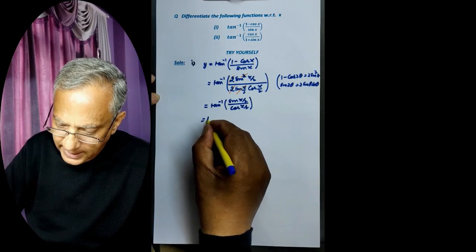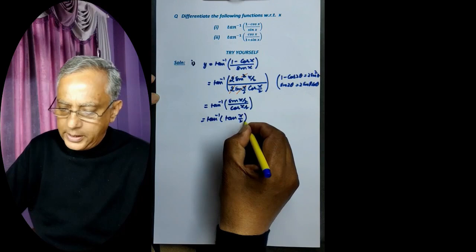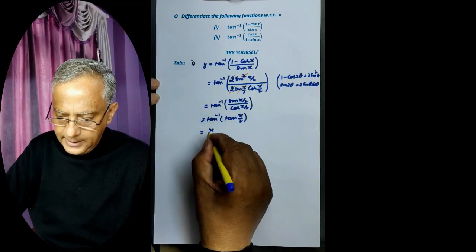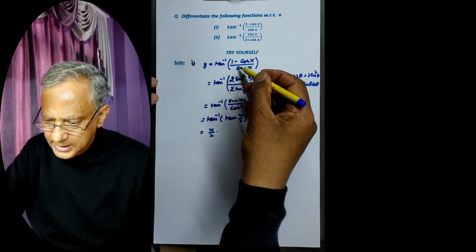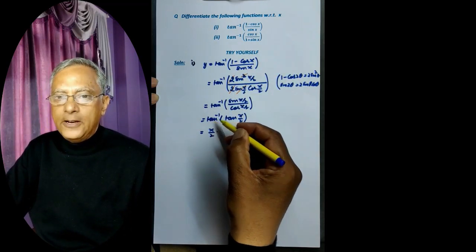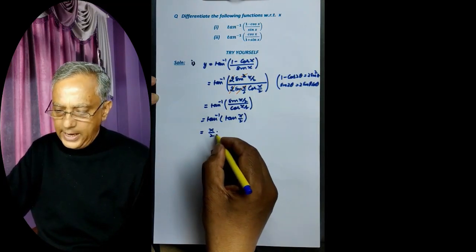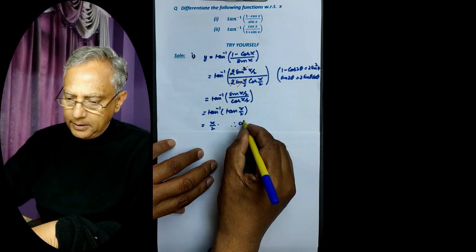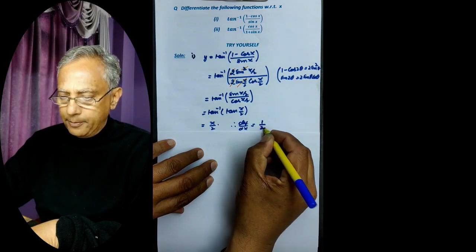And this is equal to tan inverse of tan x by 2, which is x by 2. So we have changed this into tan inverse tan x by 2, and we know f of f inverse is identity, so this is equal to x by 2. And therefore dy by dx is equal to 1 by 2.